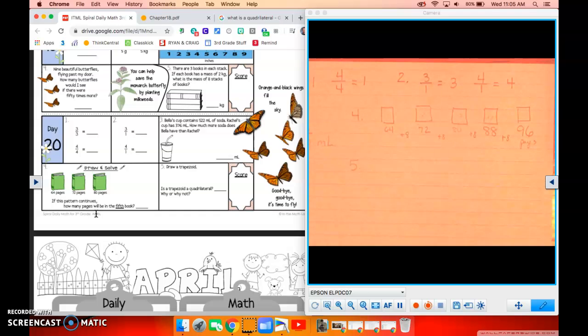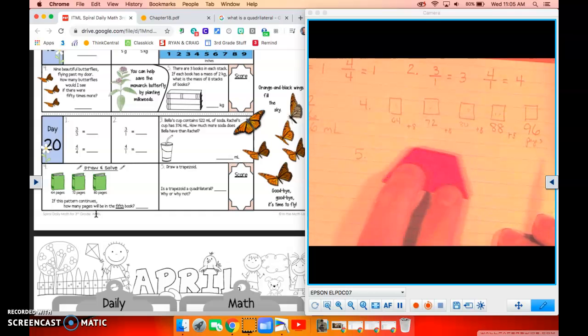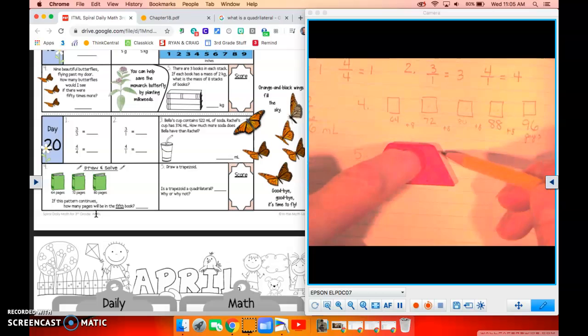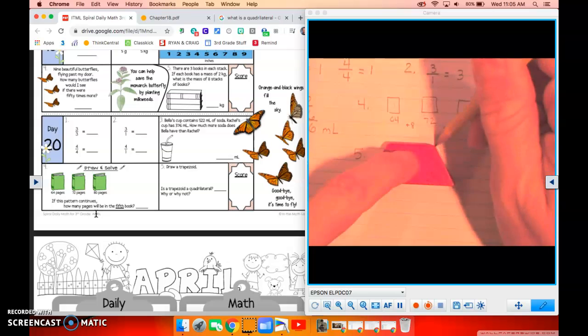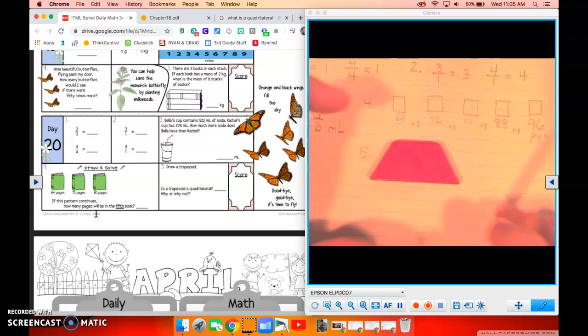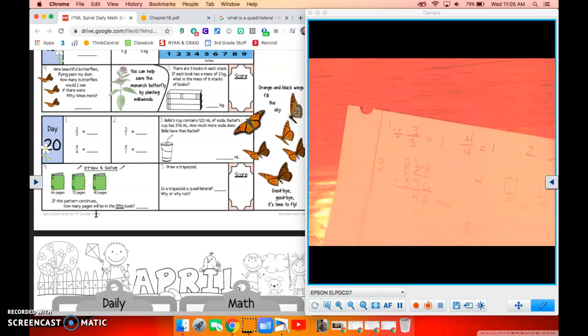And number 5, draw a trapezoid. Right there. There's a trapezoid. Now this is just one example. There are other examples of trapezoids that we could use. Okay, here's the end. There's one. Okay, there's a trapezoid.